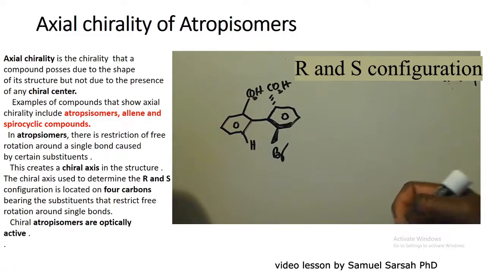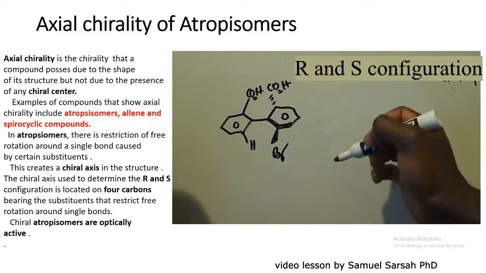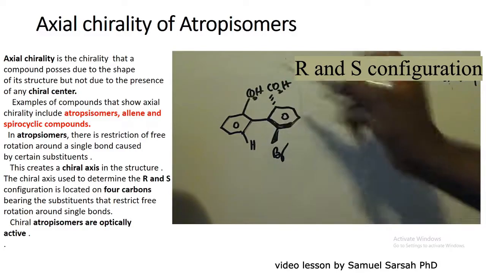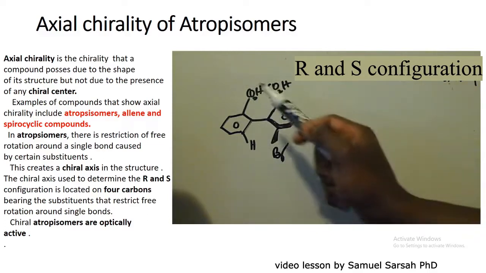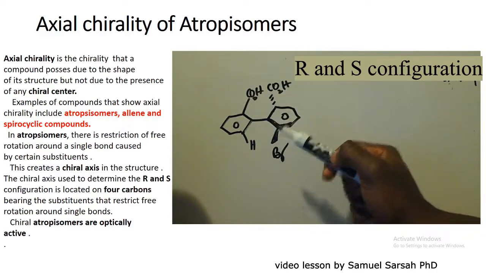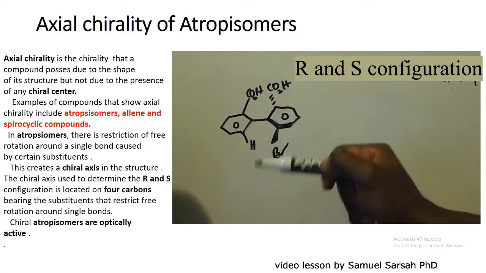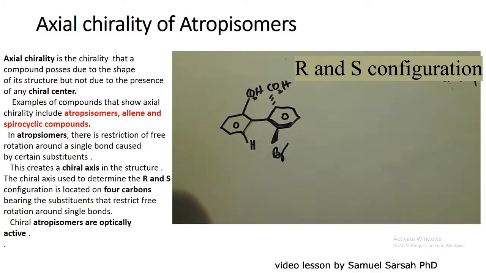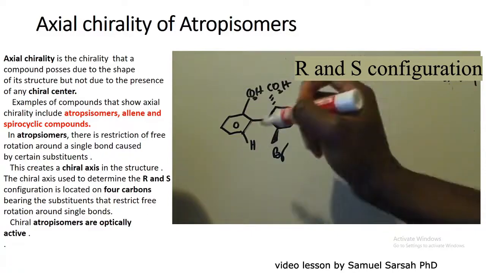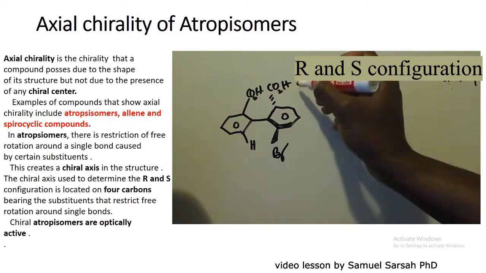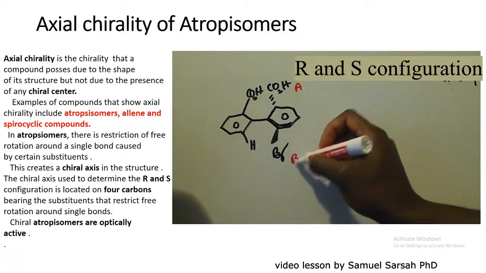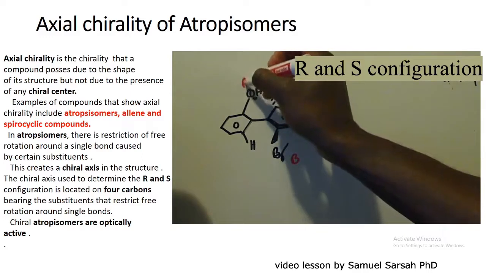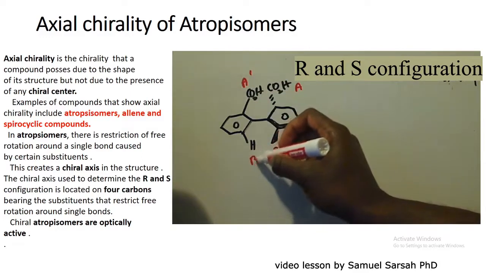Okay, so I have this biphenyl compound. There's bromine, carboxylic acid, and hydrogen. And we are trying to determine the R and S configuration for this compound. So let's call this A, let's call this B, let's call this A prime, let's call this B prime.